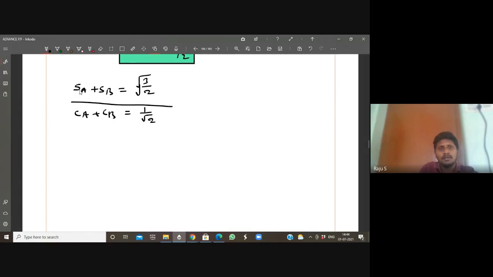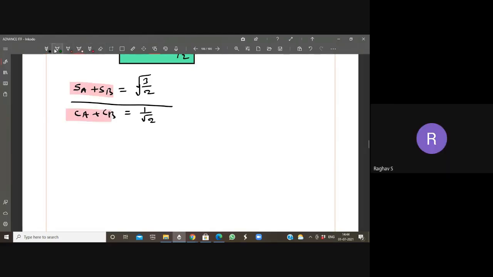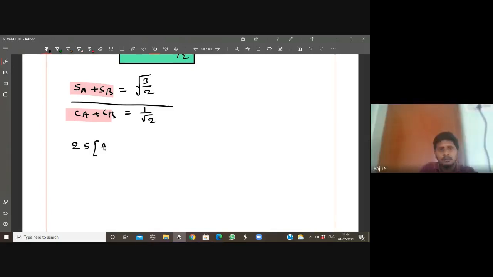Numerator is in the form of sin C plus sin D, which is 2 sin of C plus D by 2 into cos of C minus D by 2, nothing but sin of A plus B by 2 cos of A minus B by 2. Denominator is cos C plus cos D.